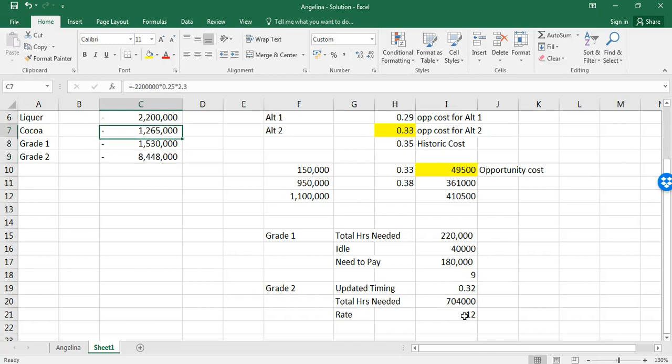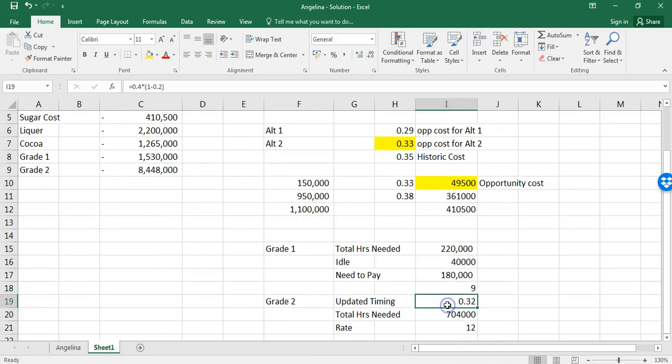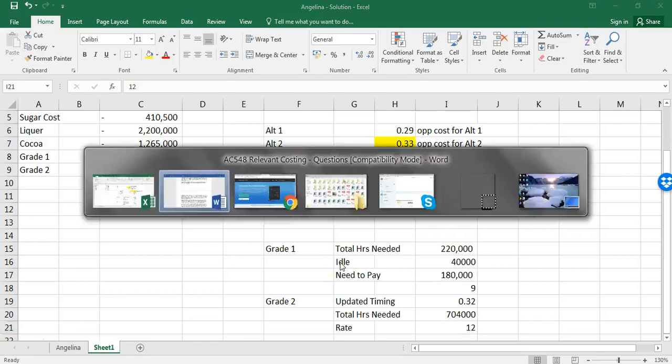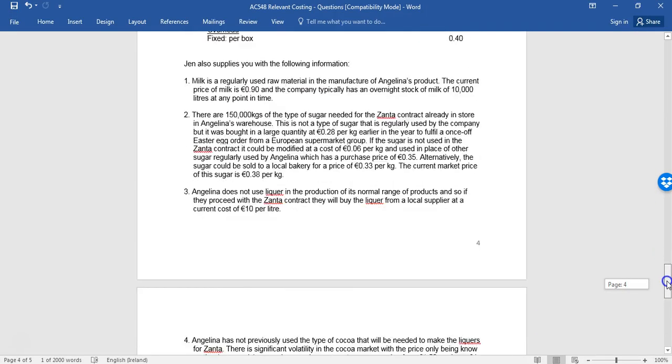So that's a significant cost there. It's grade 2 labour. And the key point again was to spot that you were to adjust the efficiency rate because they're highly skilled, 20% more, and then quantify the number of hours times the rate. And we've already picked up there might be a non-financial issue about varying rates of pay, both in grade 1 and grade 2. So that's most of our costs complete, except overheads.